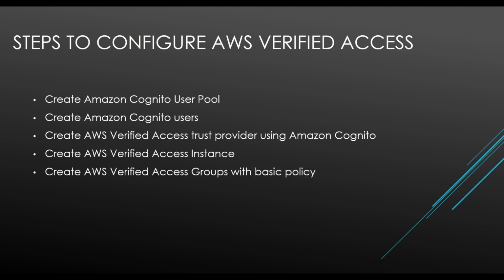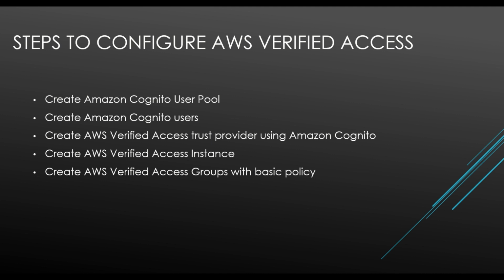Next, we need to create AWS Verified Access groups with a basic policy. An AWS Verified Access group is a collection of verified access endpoints and a group-level verified access policy. Each endpoint within a group shares the verified access policy.